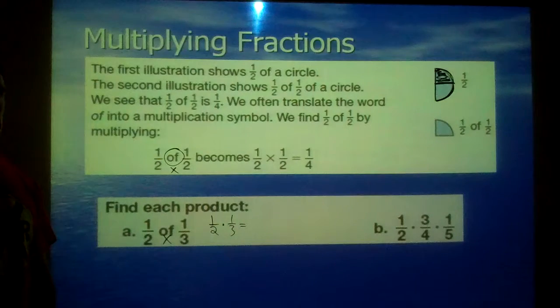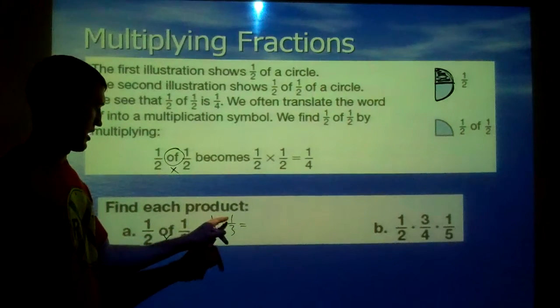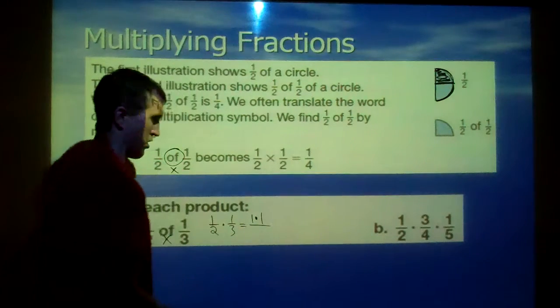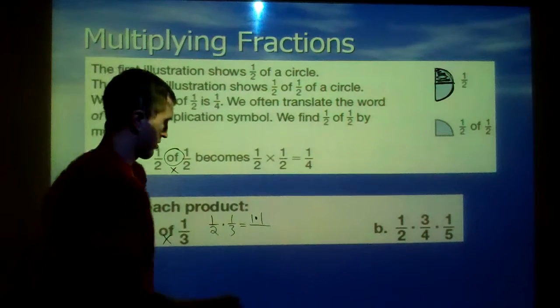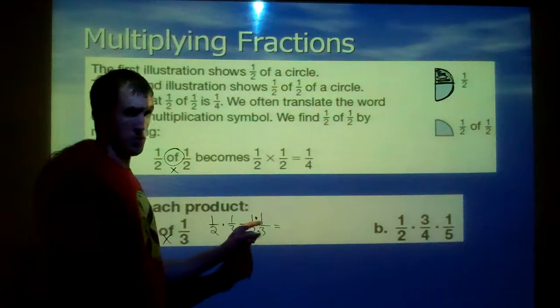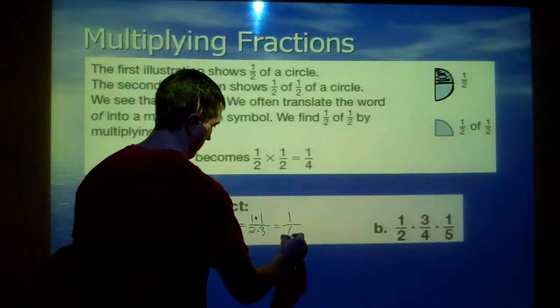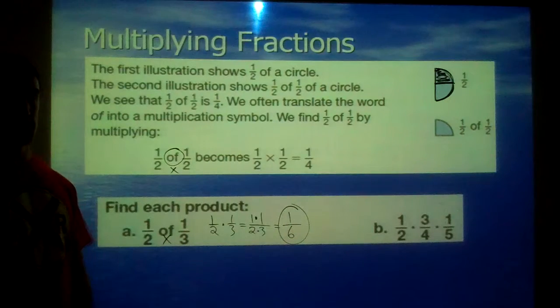Now here's where it's different. We multiply our two numerators, so 1 times 1, all over the multiplication of our denominators, 2 times 3. So 1 times 1, we get 1. 2 times 3, we get 6. So 1/2 of 1/3 is 1/6.